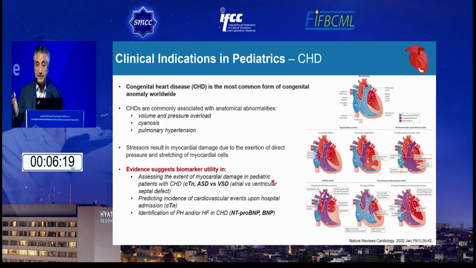Another area is CHD. Well, in this case, not coronary, but congenital heart disease, which is the most common form of congenital anomaly worldwide. I mentioned that there is a lot of cardiac surgery in children's hospitals because of these congenital abnormalities.